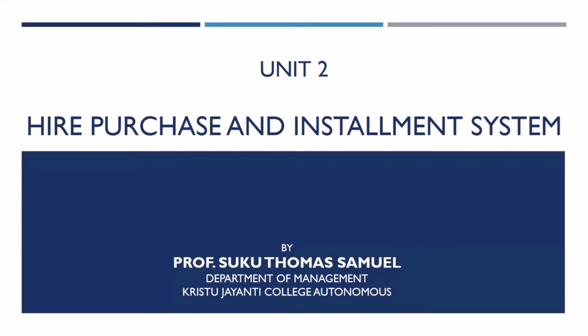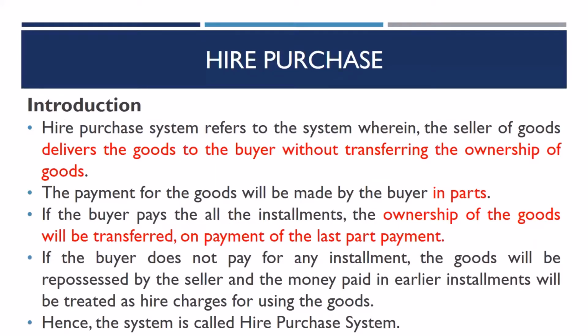Now, one of the important features of hire purchase is this. In hire purchase, the payment would be made in parts. The payment of the product would not happen in one go, or in lump sum. It would not be paid in one shot.